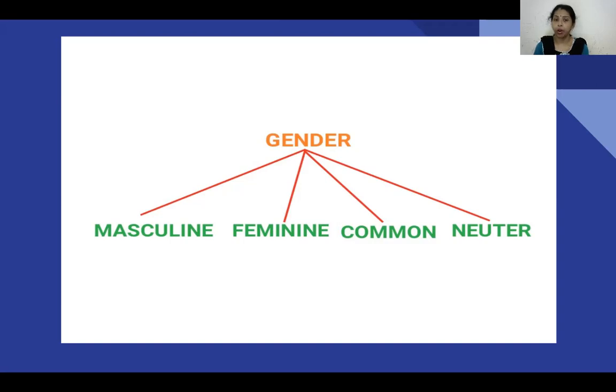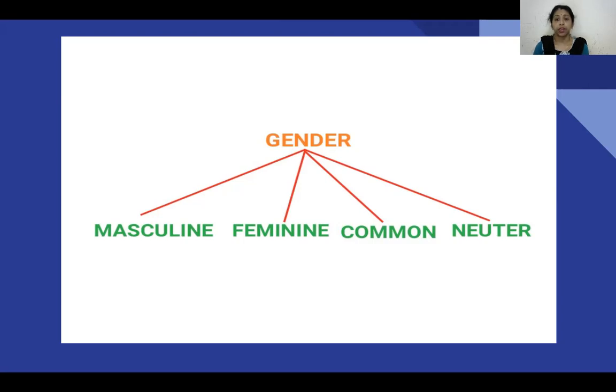Those are non-living things because they can't breathe like us. All those non-living things come under the neuter gender. We call them neuter gender.